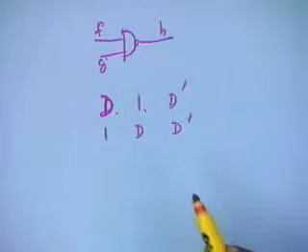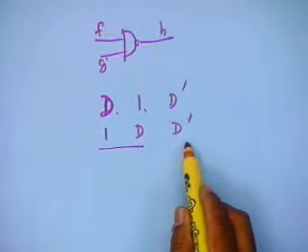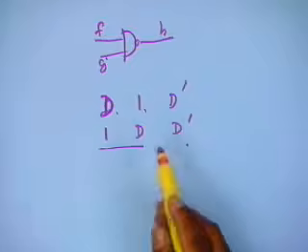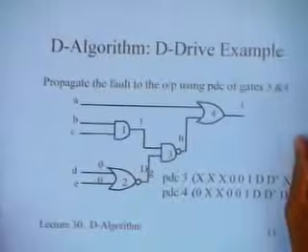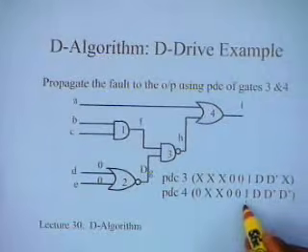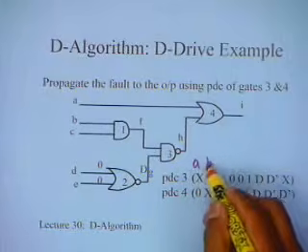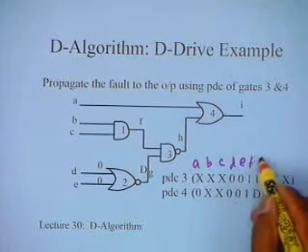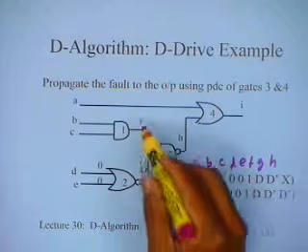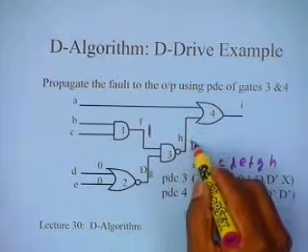So I have to choose 1D D complement, which will give me this, and when I cross it with this, F becomes 1. So this is A, B, C, D, E, F, G, H. F becomes 1, this becomes D complement.